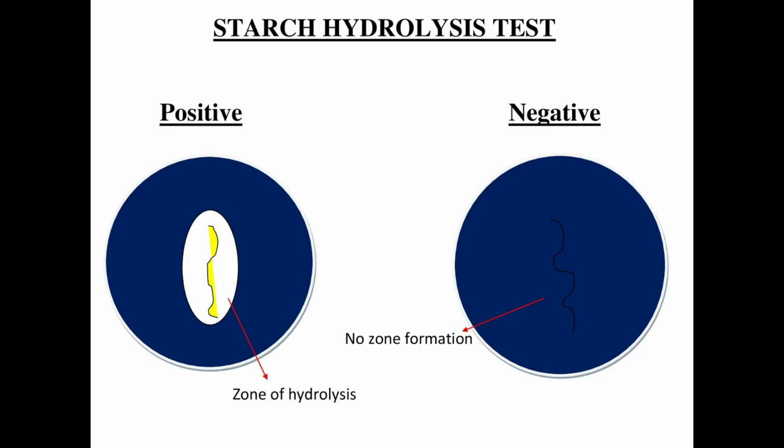Those bacteria which are alpha amylase positive will, during these 48 hours, release a lot of alpha amylase as an exoenzyme from their body. This alpha amylase will work on all the starch found in the external agar plate and hydrolyze it, converting it into glucose and maltose.